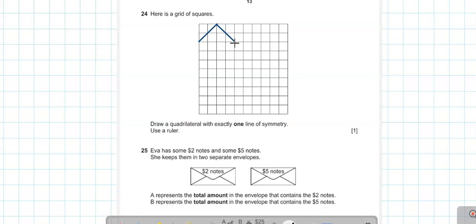Kite, it has two identical pairs and another two identical pairs. Or any isosceles trapezium, any of them. Of course, in the exam you will draw only one shape.